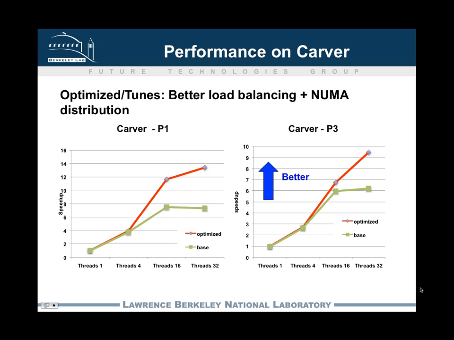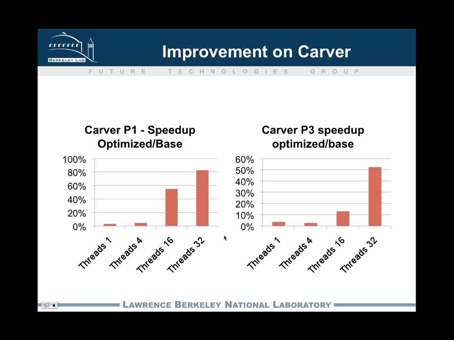We also see improvement for the first and second problem with a larger number of threads. This improvement is up to 82% for 32 threads for problem 1, and about 53% for the other problem.